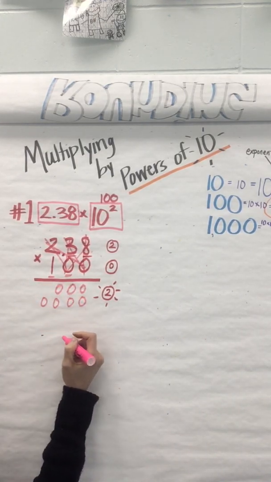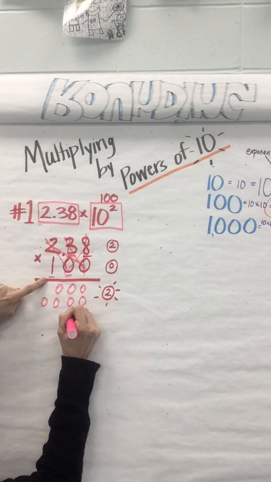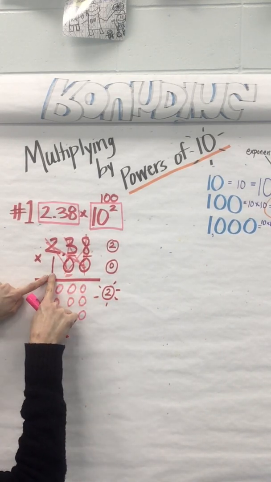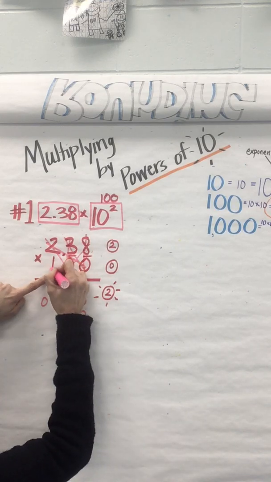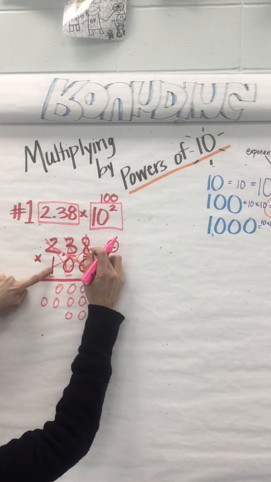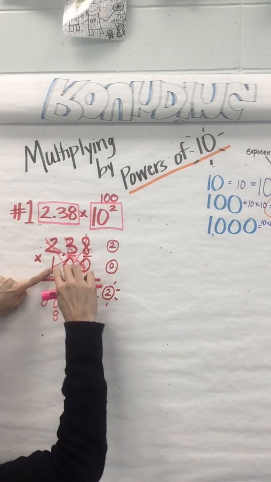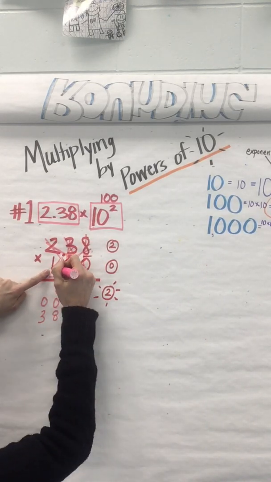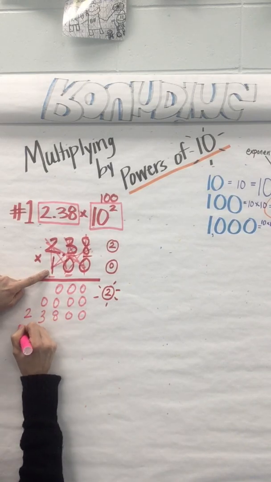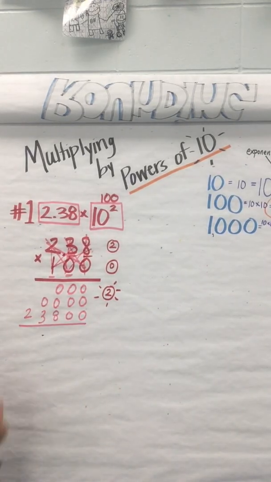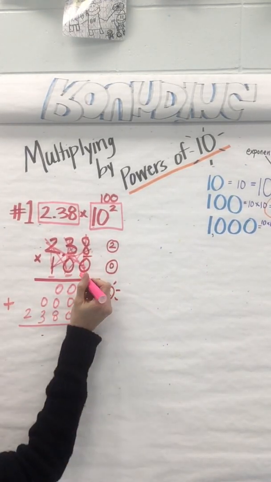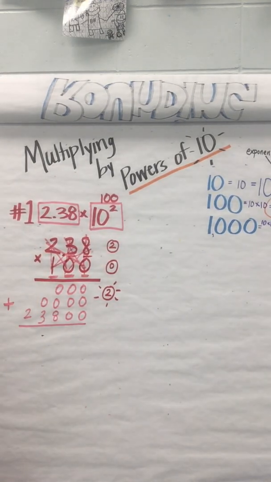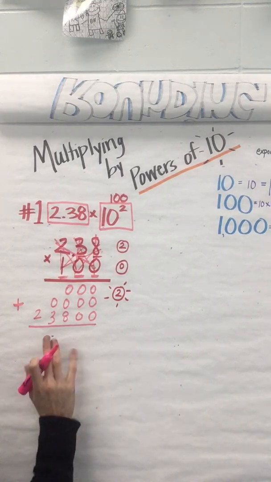Third row, 2 placeholder zeros because it's 2 placeholders, and now I'm dealing with this number. 1 times 8 is 8, 1 times 3 is 3, and 1 times 2 is 2. So I've got 3 partial products to add up because I multiplied 1, 2, 3 different rows.